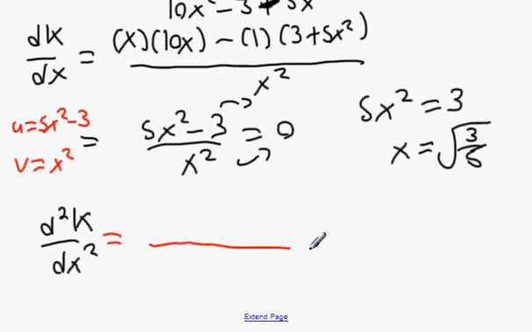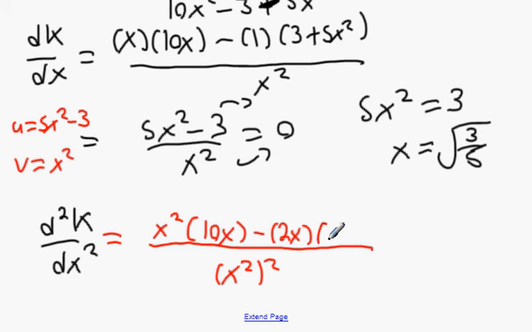Differentiate. X squared to be squared. V is going to be x squared times 10x. U is minus, oh yeah, sorry, it's going to be dv this time, so it's going to be 2x times u, which is going to be 5x squared minus 3.